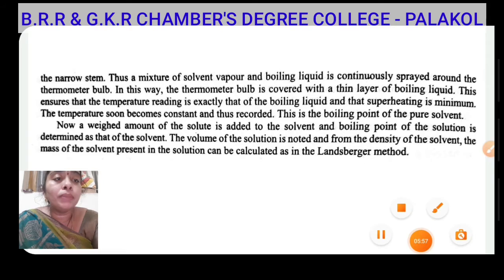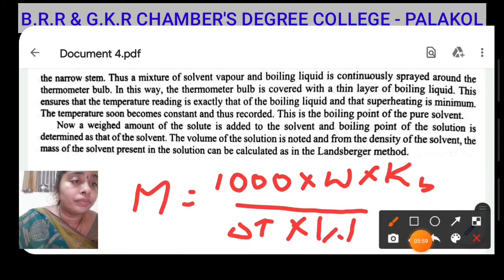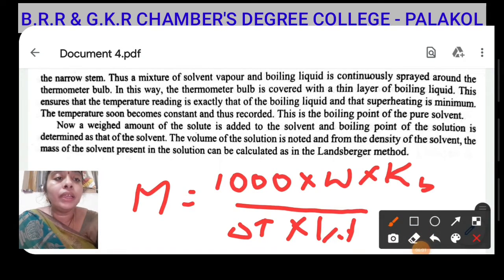So in this method, in this formula, small w is the weight of the pure solvent and capital W is the weight of the pure solute in grams. Kb is the ebullioscopic constant and delta T is the elevation in boiling point. So you know all the values in this formula.